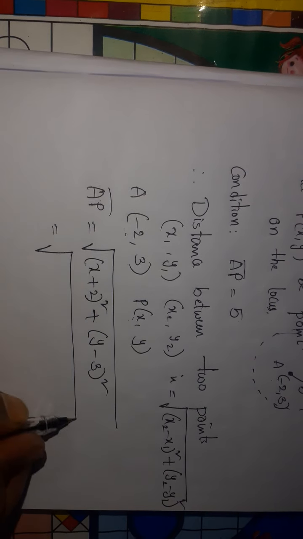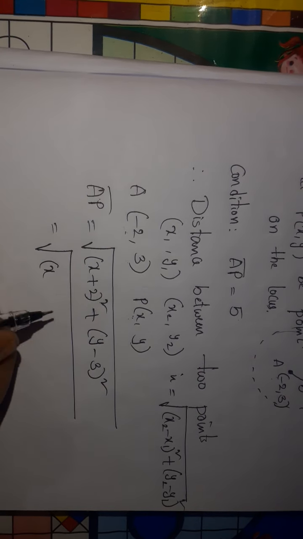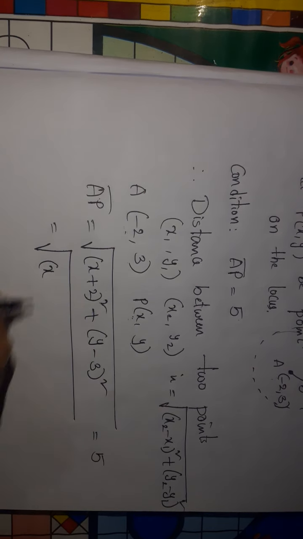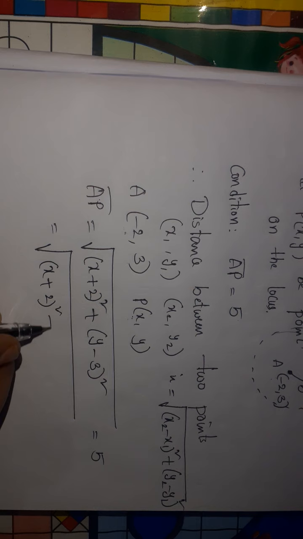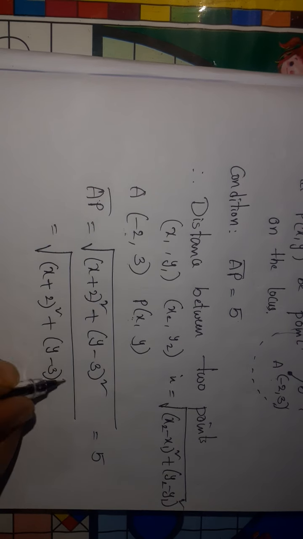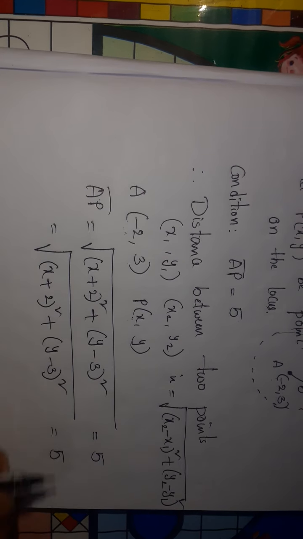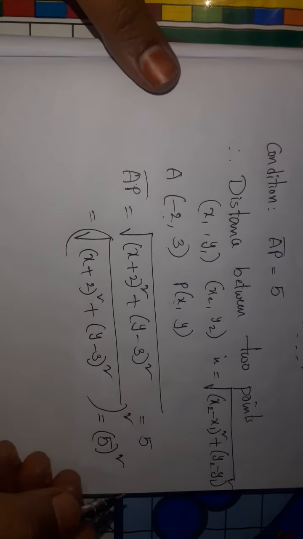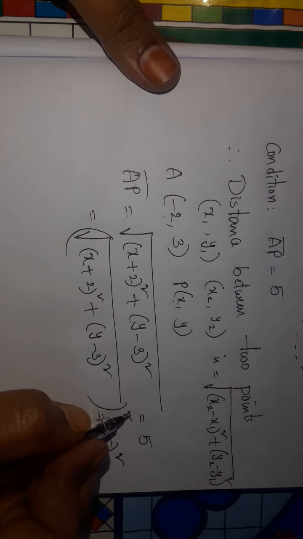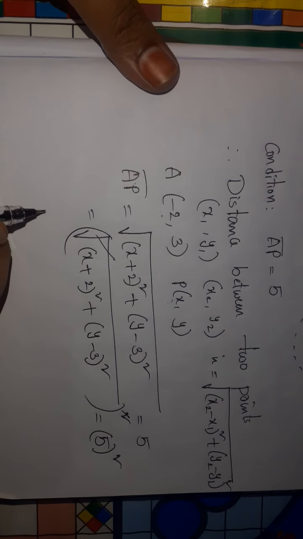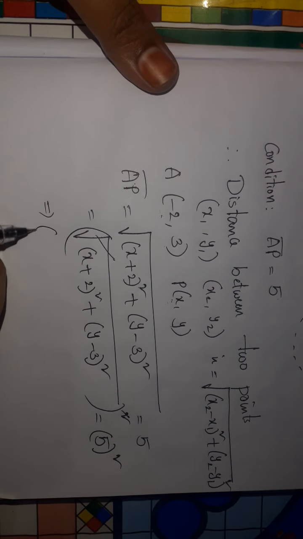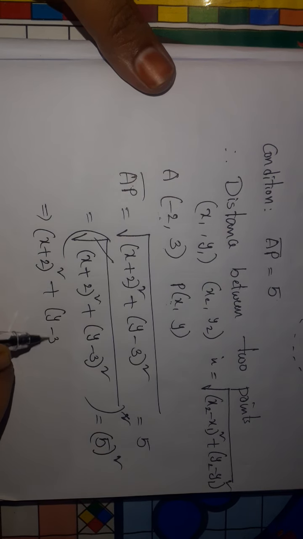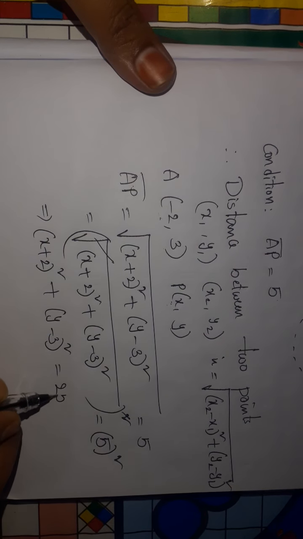That implies, which is equal to the AP value, which is 5. So the square root of (x plus 2) whole square plus (y minus 3) whole square is equal to 5. Squaring on both sides, what do you get here? You will get 5 square, that is 25, and the square root gets cancelled. We will get (x plus 2) whole square plus (y minus 3) whole square is equal to 25.